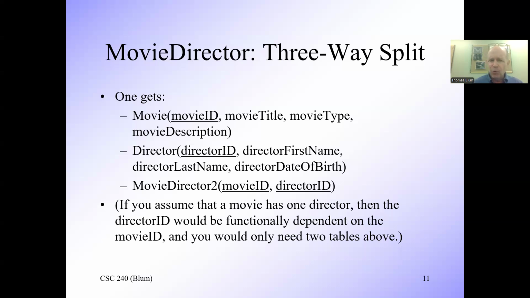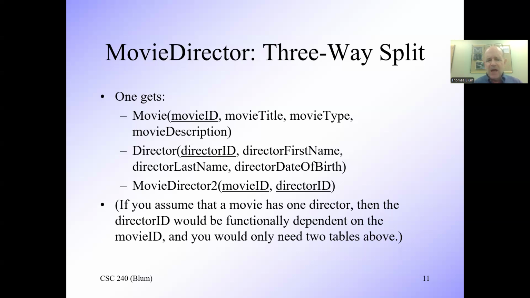So that would make the movie to director a many to many relationship. So if a movie can have more than one director, then it's a many to many relationship. And then that movie ID, director ID stays in the original table where they were together.